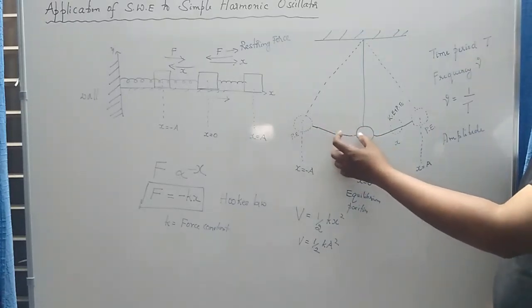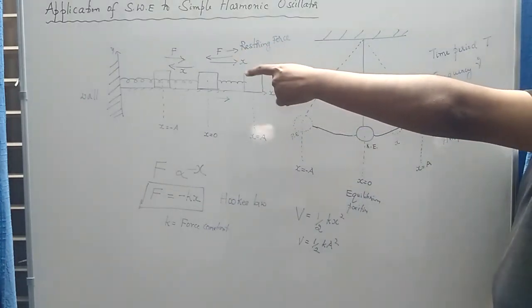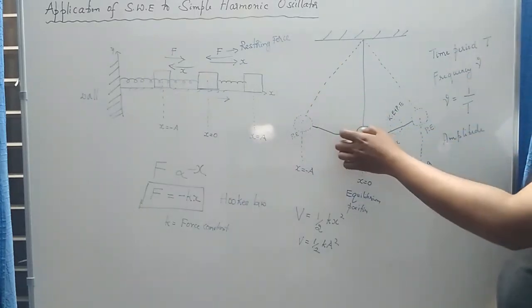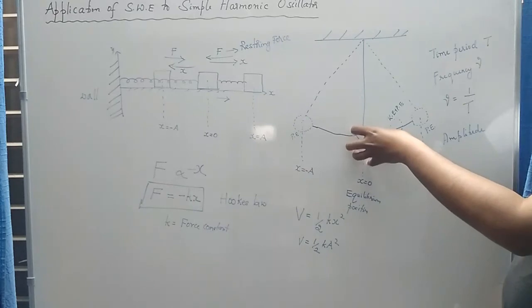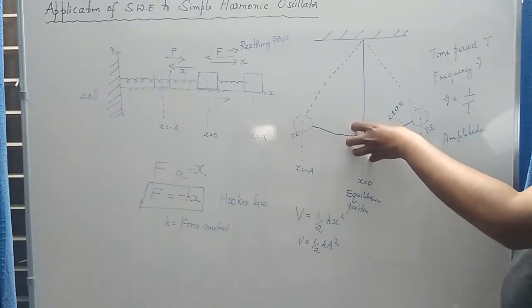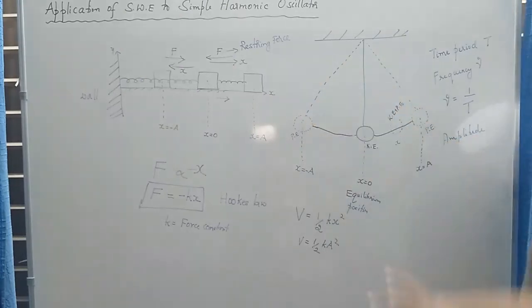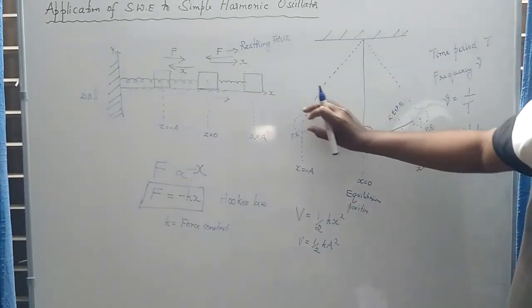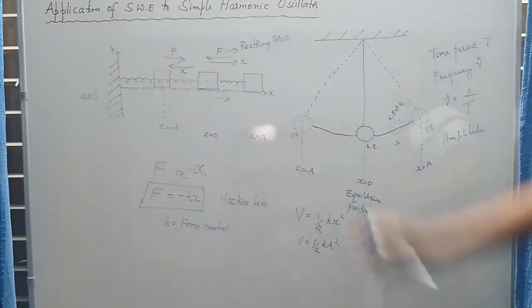When the particle starts moving in the opposite direction, again a force starts acting on the particle towards the equilibrium position. So as a result, what happens? All the energy was in the form of kinetic energy here, and the particle starts moving in the opposite direction. The kinetic energy again gets converted partially to potential energy, and when the particle reaches the extreme position, all the kinetic energy would have been converted to potential energy.